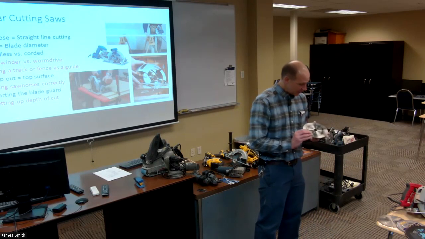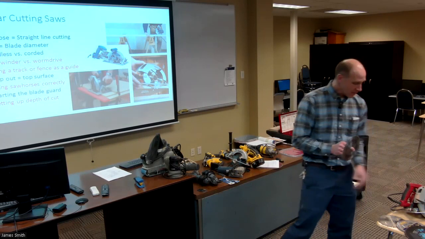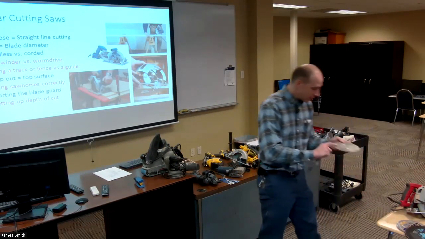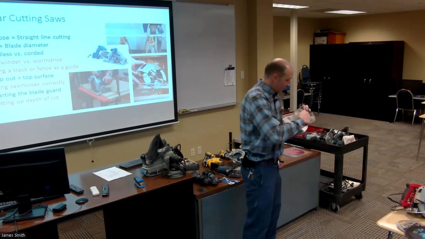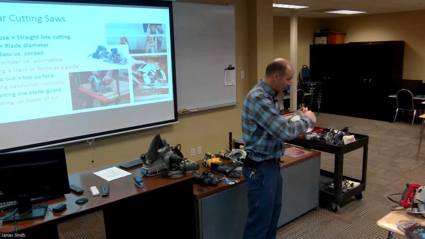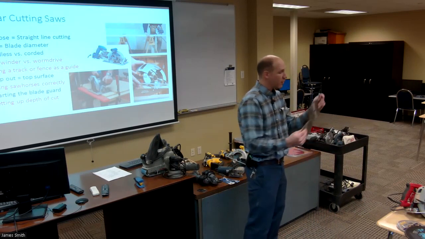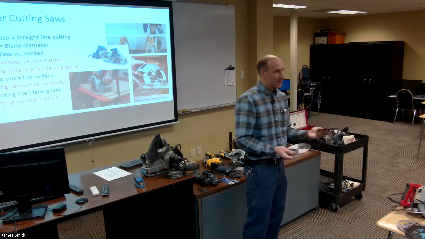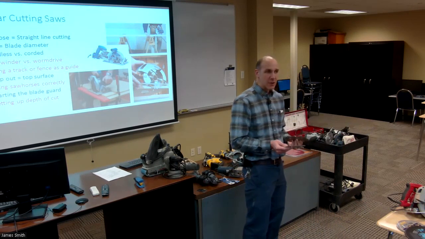Here is an example of another circular saw blade. This would be used on kind of a saw like this. A lot of these little saw blades will have, I don't know if you've ever noticed, laser cut lines where it actually has a diamond pattern. There are two different types of circular saws.